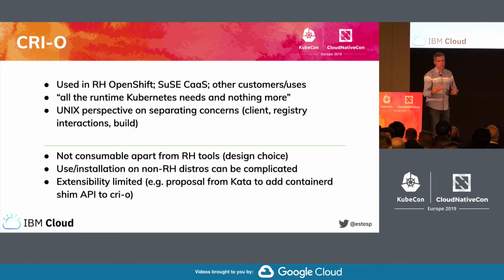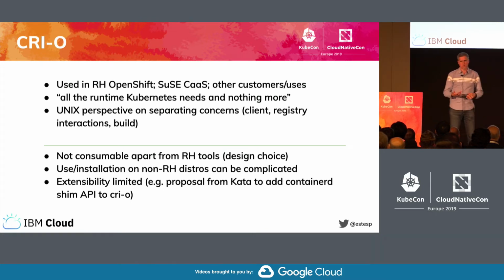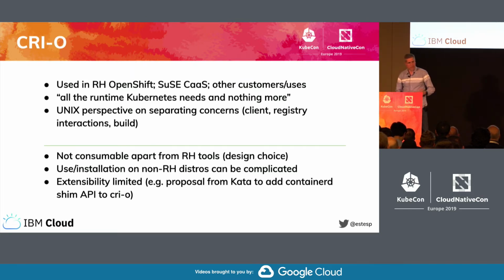Now, because it's meant primarily for Kubernetes, it doesn't necessarily have tools of its own like a client, so you use the other tools as a design choice. I found that use and installation of it, unlike Ubuntu, just because that VM was Ubuntu, can be complicated. Again, the team is aware of that.